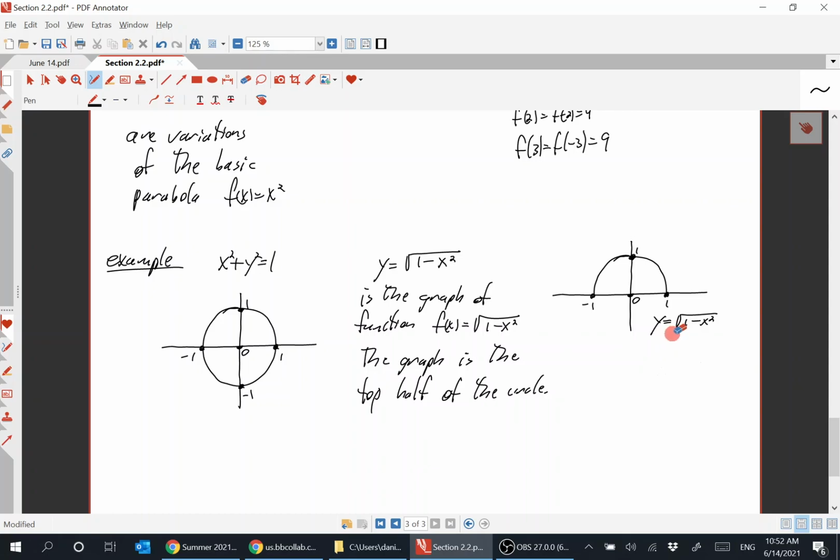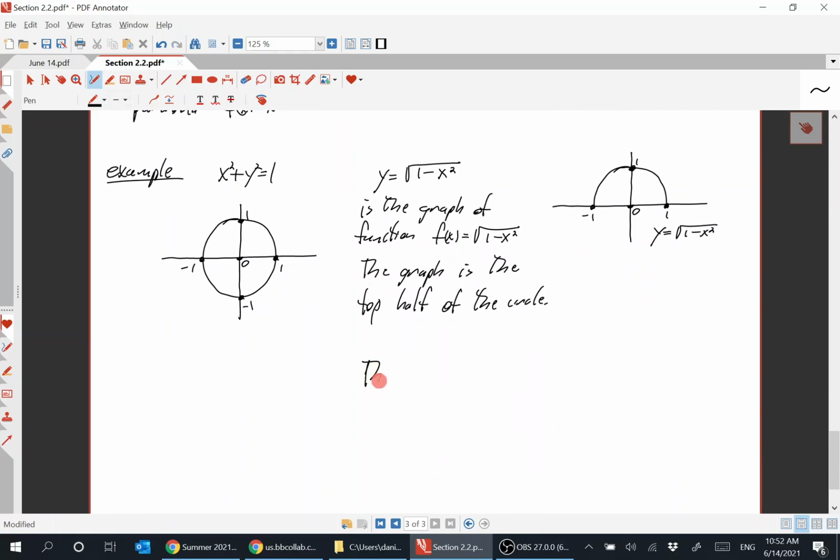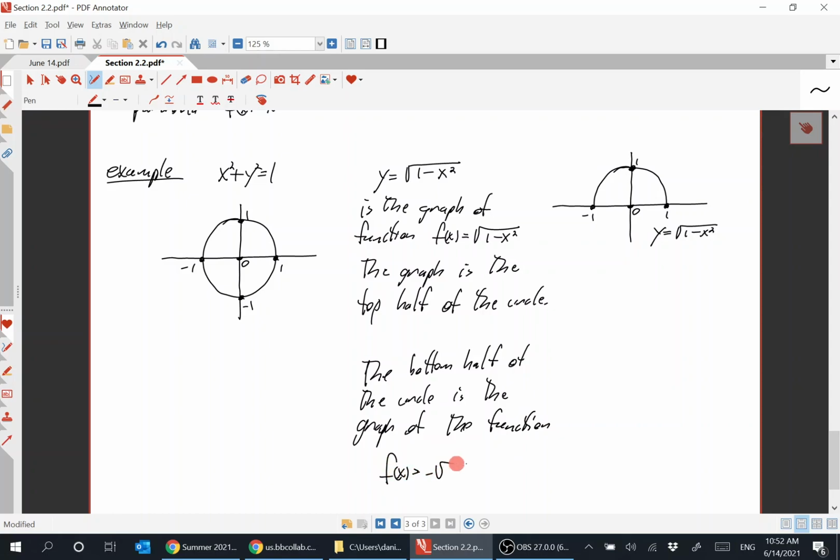y is the positive square root of 1 minus x squared. The bottom half is the graph of the function f(x) equals minus the square root of 1 minus x squared.